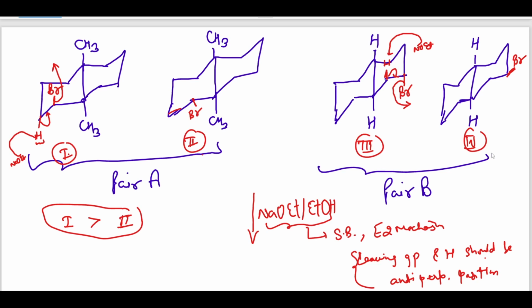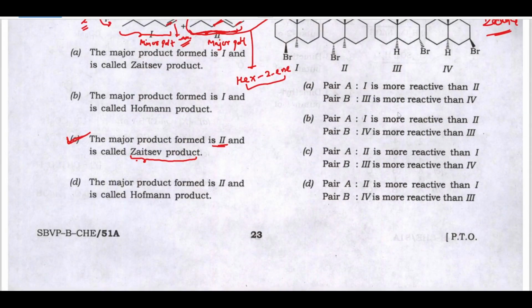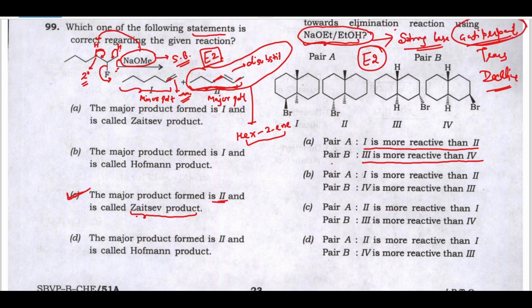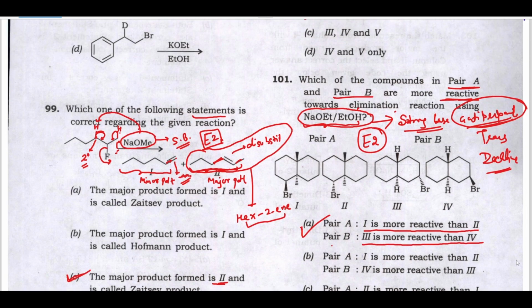So if we compare third and fourth, third is more reactive as compared to fourth. So first is more reactive than second, and third is more reactive than fourth. If we see the options, first is more reactive than second, and third is more reactive than fourth in part. So out of the 4 options, option A is your correct answer to this question.